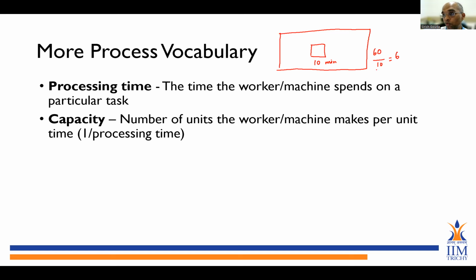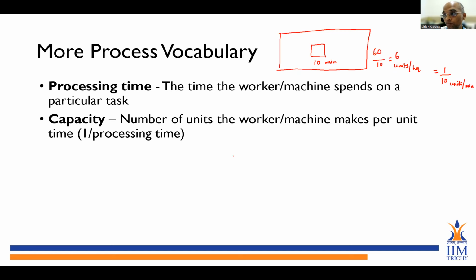Now, if you think about it, that is how we arrived at this. We said that the total number of units that can be completed in 1 hour corresponds to the processing time that we have. Now, if I rephrase this question as how many units will be completed within 1 minute, then the answer is just going to be 1 by 10 units per minute.